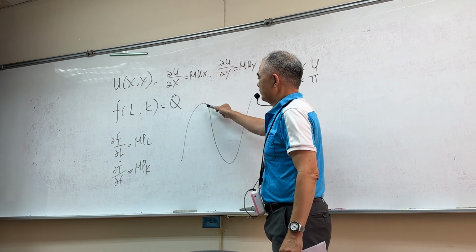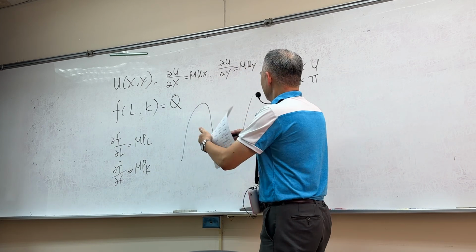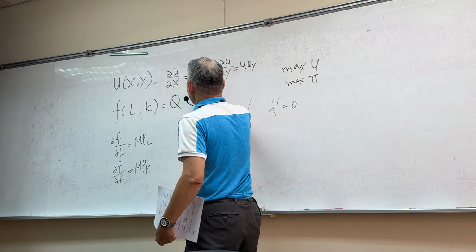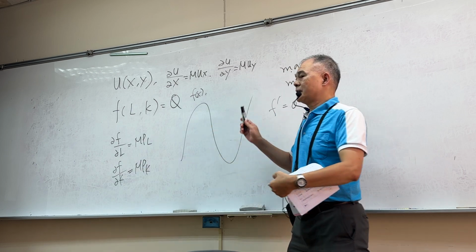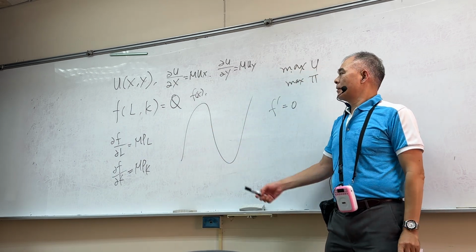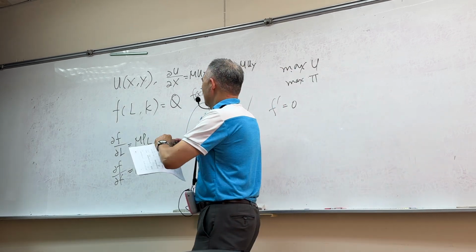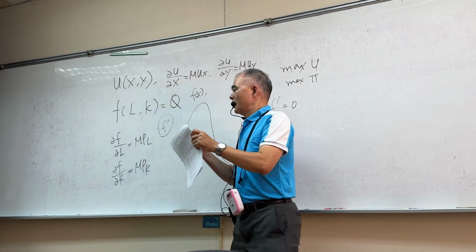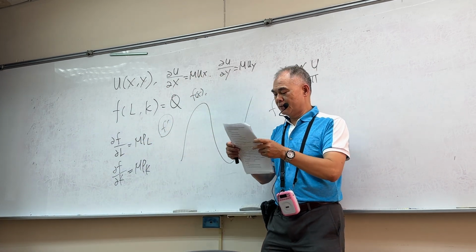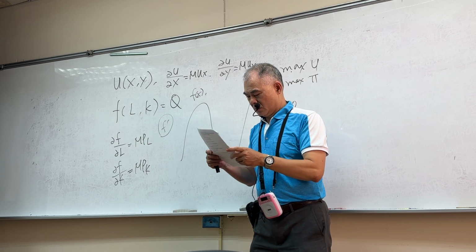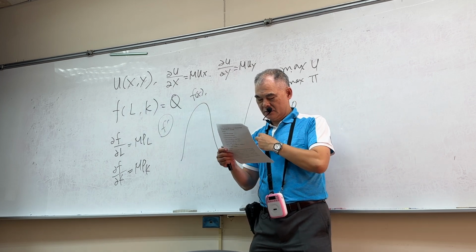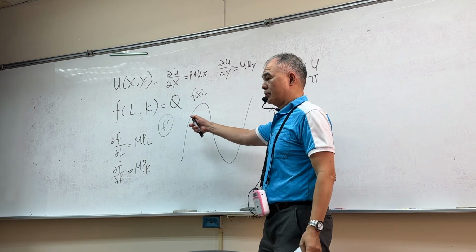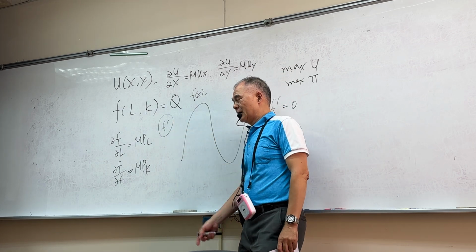First, let us look at a function. Suppose this is any function, fx. If you want a maximum out of it, what is the first degree of differentiation? Huang Yufeng, what is first degree differentiation?